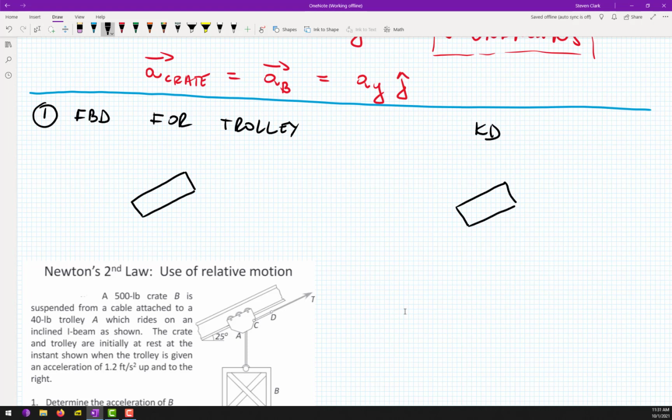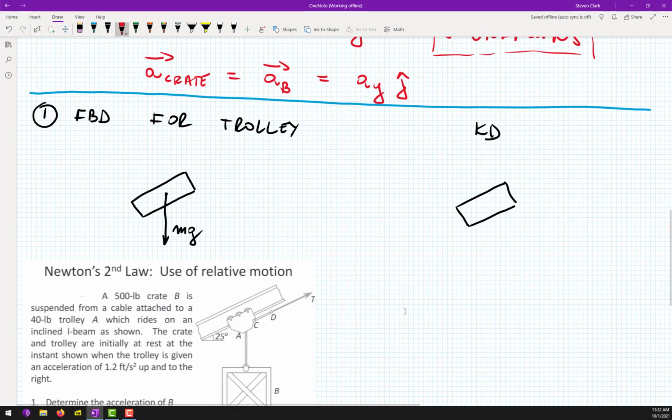So I'm gonna start. What forces act on our trolley? I believe that gravity acts on our trolley. I like simple things, you know, mg. Any other forces? Do you wanna let me know what forces act on our trolley? Freight acts on our trolley through the cable.